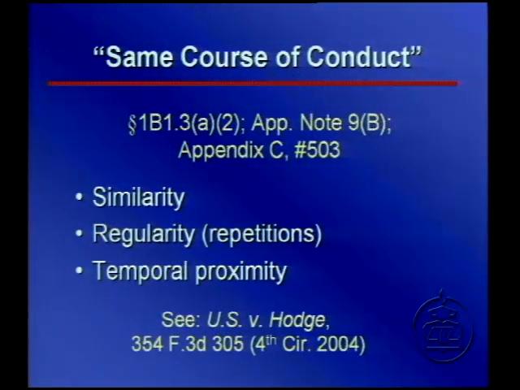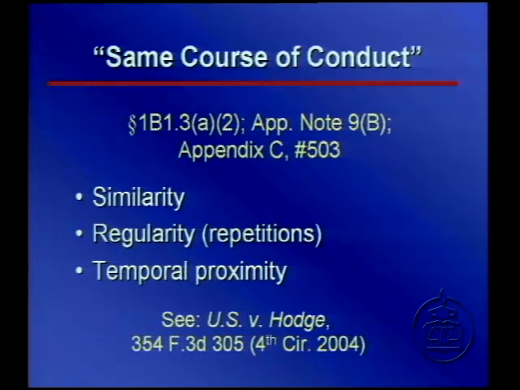However, even if you don't find common scheme or plan, you might look to same course of conduct, and that's listed, as I mentioned earlier, at application note 9(B) at 1B1.3. Also, Appendix C, Amendment 503, gives a good illustration of what same course of conduct means. You're looking at similarity of the offense, and we're going to go over some examples of this shortly. Regularity, the repetitions: is this defendant doing this on a number of occasions?